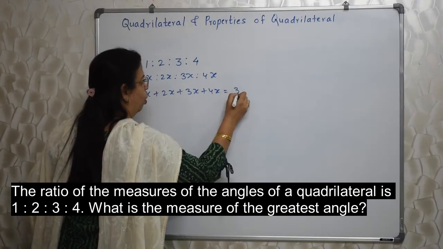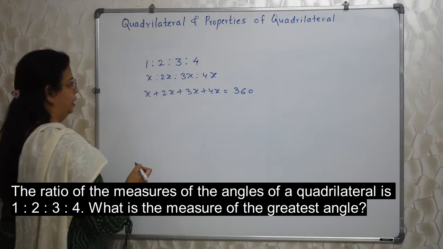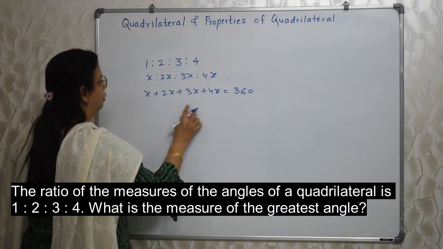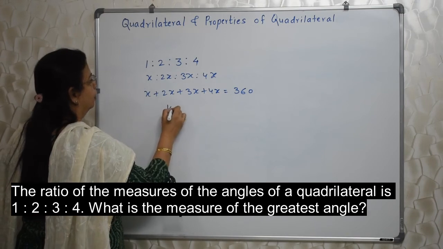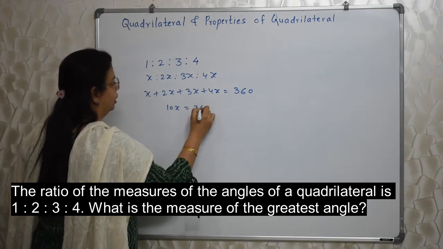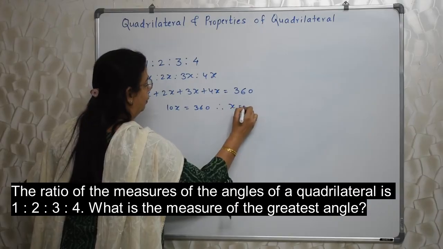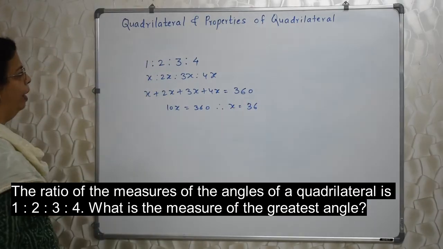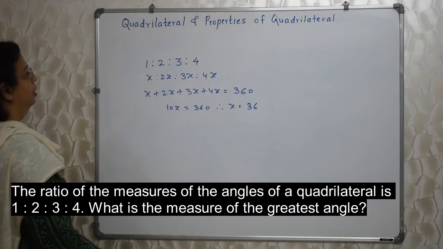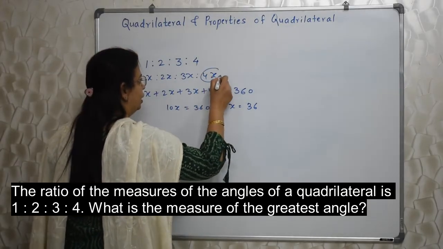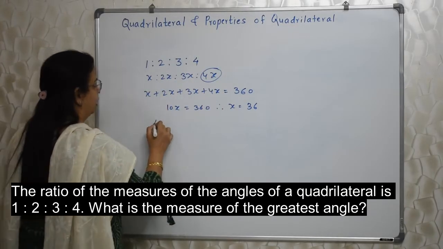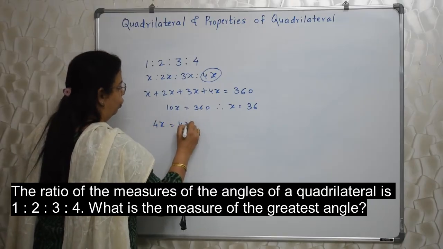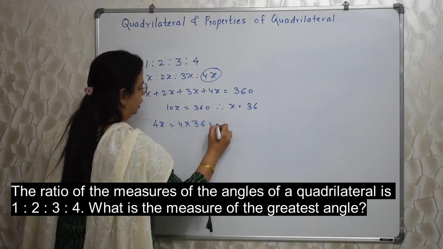You all know. All the angles add up to 360. So let's do it. 10x is equal to 360. Therefore x is equal to 36. Once we get the value of x, is it difficult to find out the greatest one? Greatest one is 4x. So 4 into 36. How much is it?